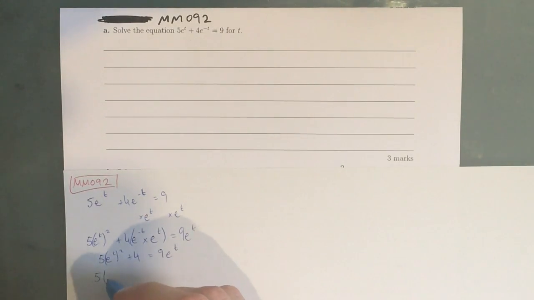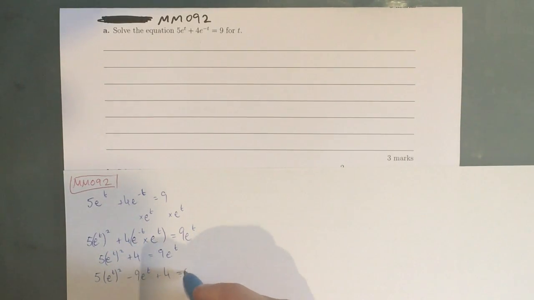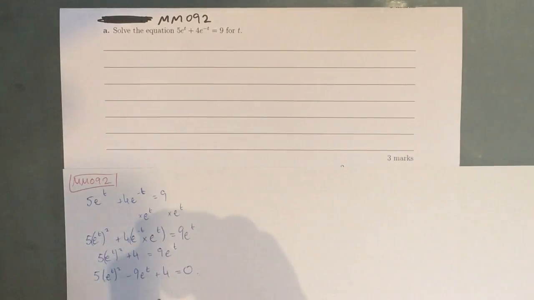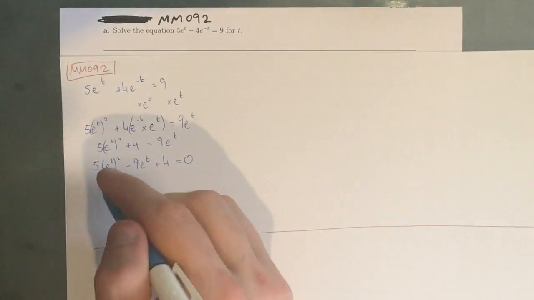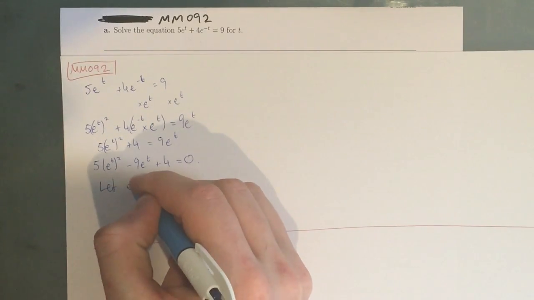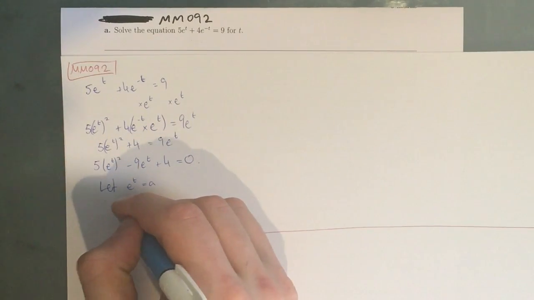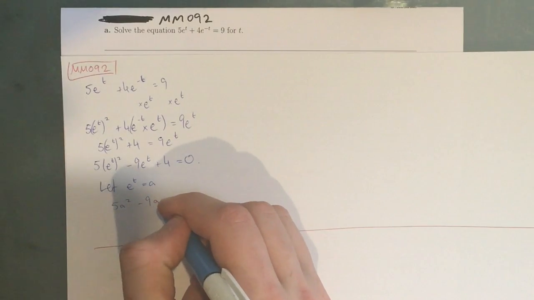If we get everything on one side, we get 5(e^t) squared take away 9e^t plus 4 equals 0. So what's our next step? We have to let e to the power of t equal a, because as you can see, this is actually a quadratic.